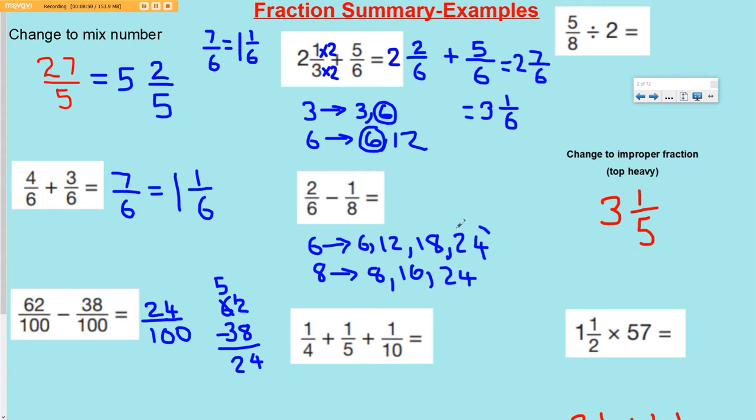So we realize now that the lowest common denominator is 24, right? Okay, so then we know at the bottom here this has to be 24. Okay, I know on this side as well, that's going to have to be 24 as well. Okay, let's just move this down a bit, just so you can see what we're doing here.